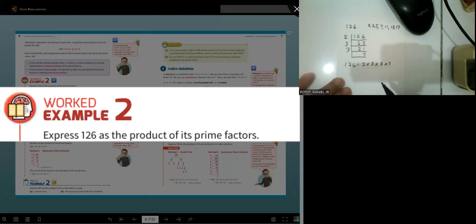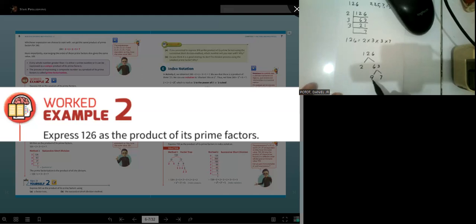Or you can do the prime factor tree. 126 can be divisible by anything, it will be fine actually. So for example, you can have 2 and 63. But 63 is equal to 9 and 7. 7 is already a prime, and you can continue with 9, that is 3 and 3.